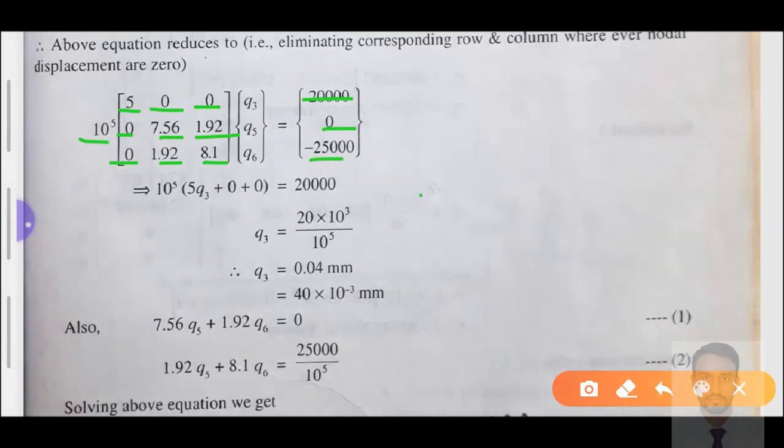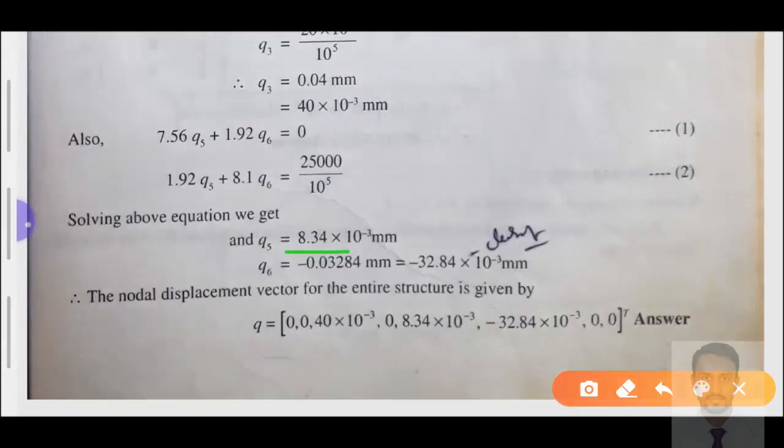You will get the x value, which equals Q3, 0.04 mm, the y value, which is the Q5 value, 8.34 into 10 to the power of minus 3 millimeter, and the z value, Q6, minus 32.84 into 10 to the power of minus 3 millimeter.